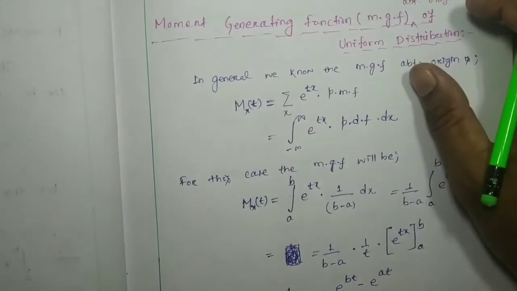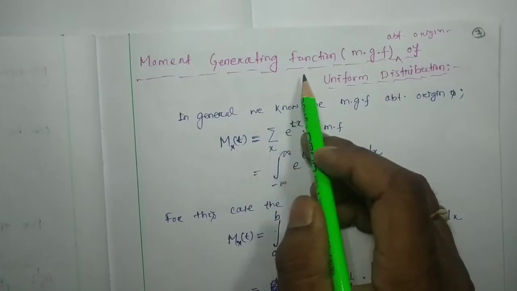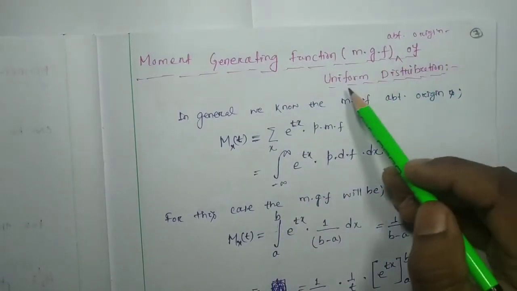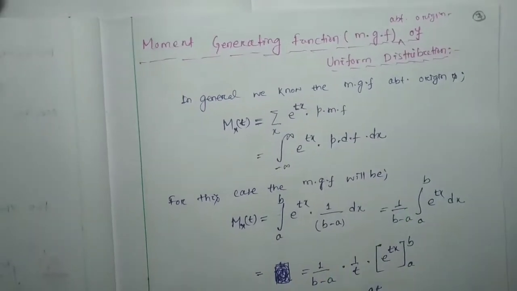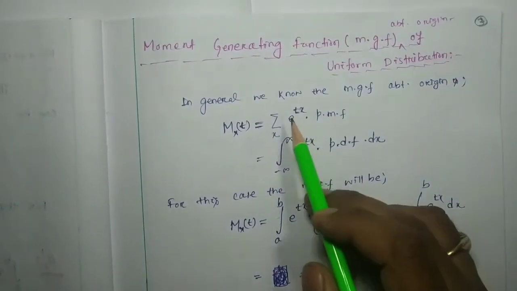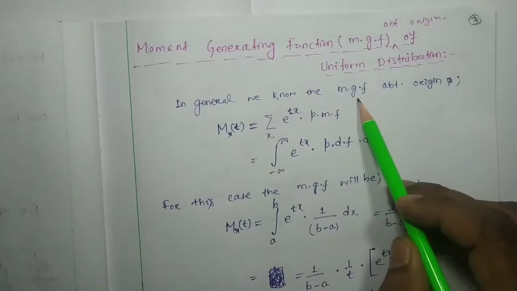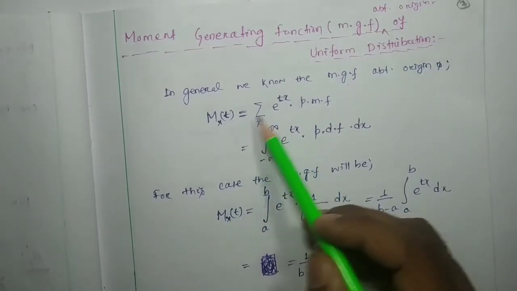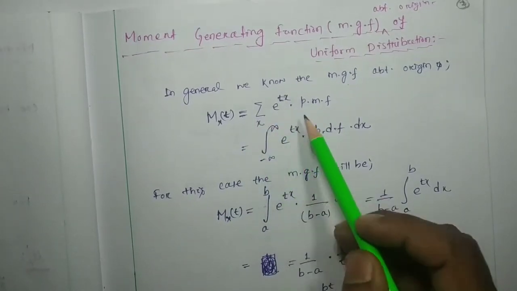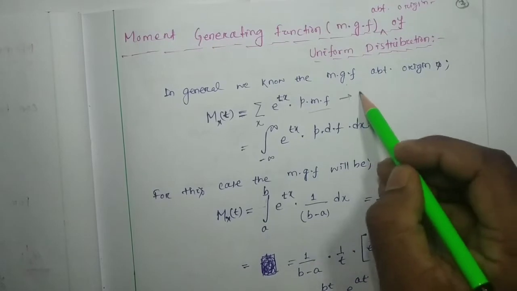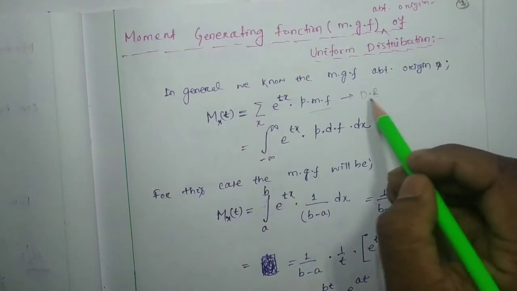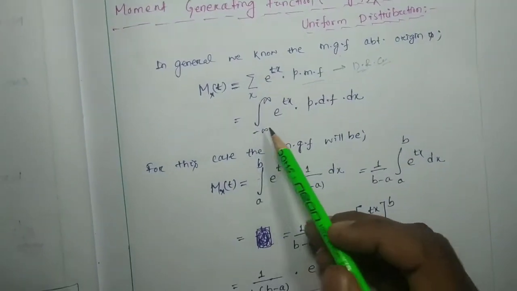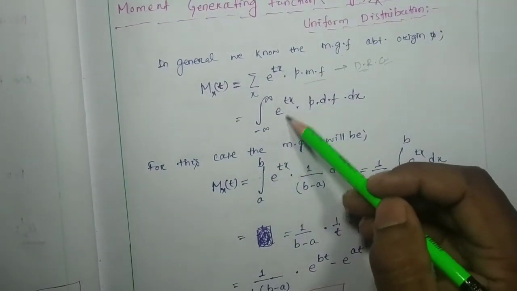Now we have to go for the moment generating function, or m.g.f., about the origin of the uniform distribution. In general, we know the m.g.f. about the origin is M_X(t) equal to summation over x of e to the power tx into pmf for the discrete random case, and for the continuous case it will be minus infinity to plus infinity e to the power tx into pdf.